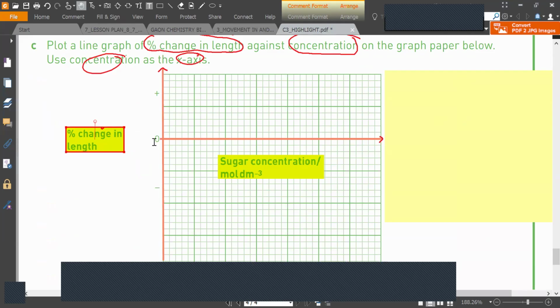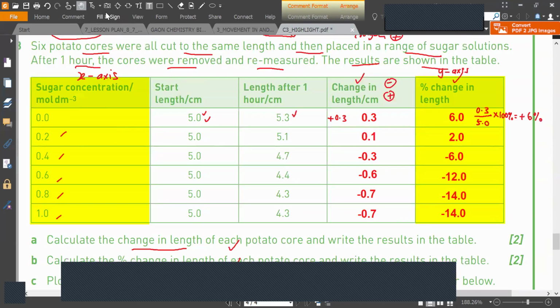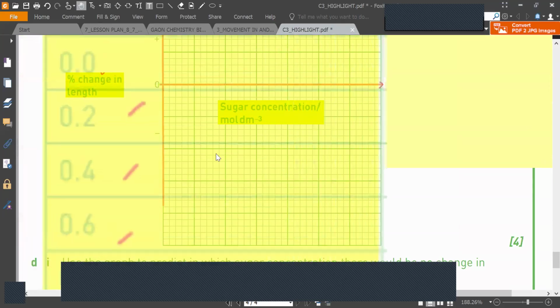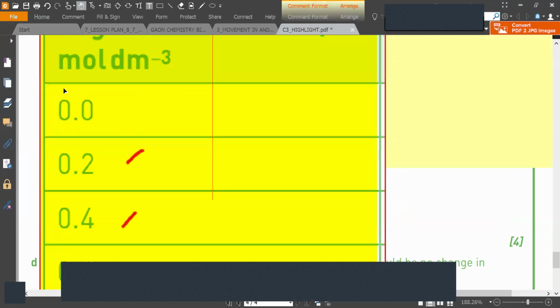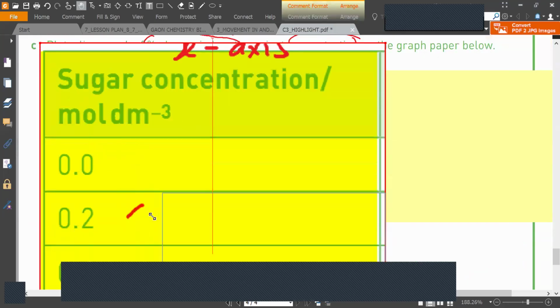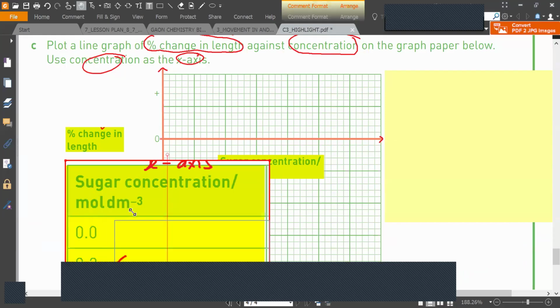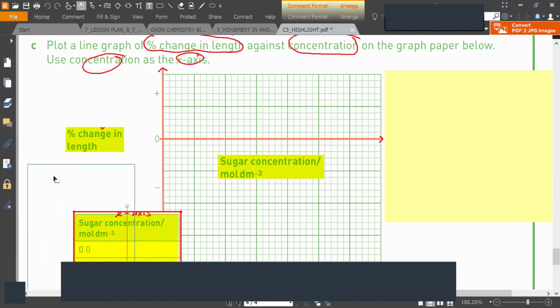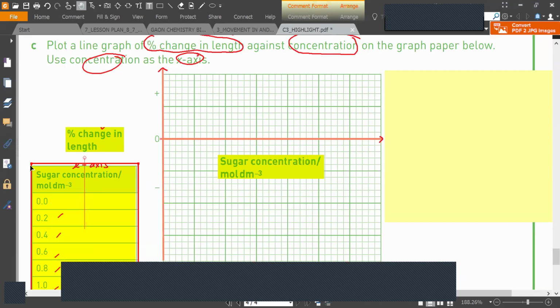Now, let me just copy the table. So 0.2, from 0 to 1.0. If you think it's too easy and you want me to skip, you just let me know.